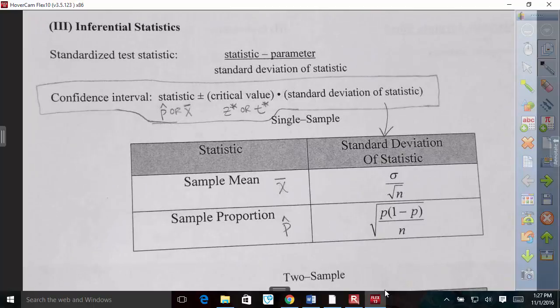That's the formula we're going to be using: statistic minus parameter over standard deviation. Anytime you're looking for a standard deviation, it's going to be one of these two: either a proportion or a mean. The statistic minus parameter is going to end up being your p hat and your p. They're two totally different numbers. P hat and p are different things, but that's the formula we are using this time.